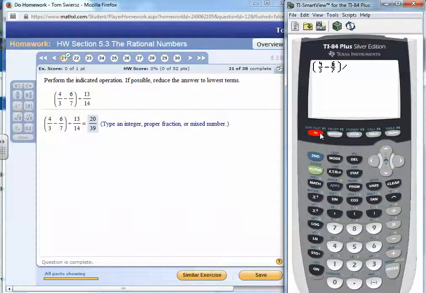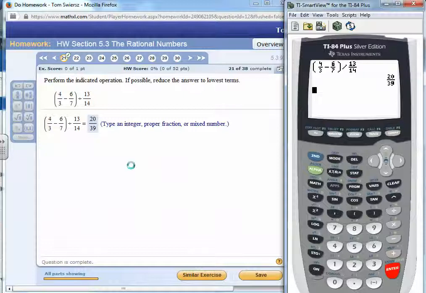If you use this one, you don't have to put parens, but if you do, that's okay. Enter a fraction 13/14, hit enter, and there's our correct answer, 20/39. Okay?